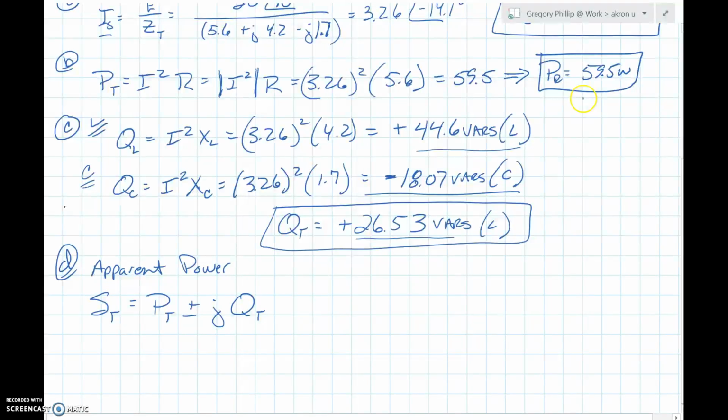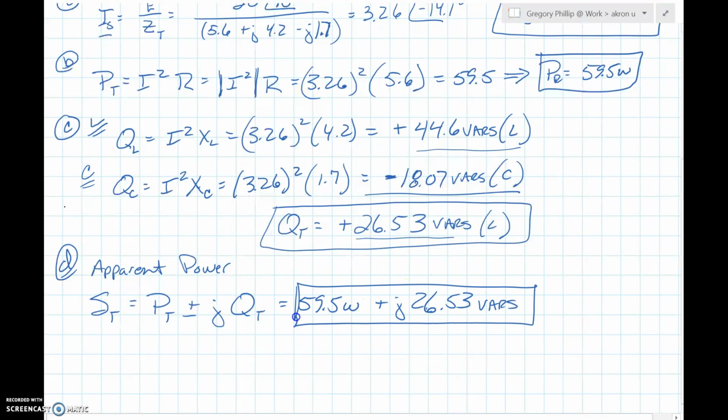So we take PT from above, this would be 59.5 watts, plus J 26.53 in VARs. And again, the positive would indicate inductive VARs.